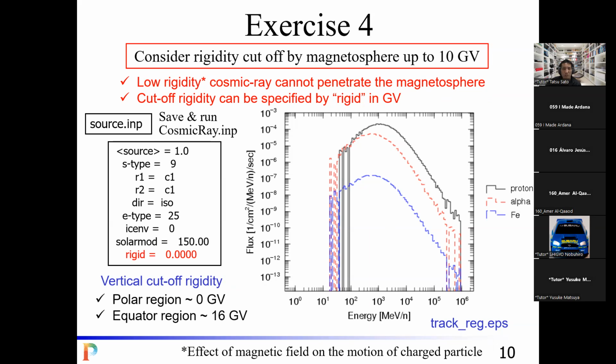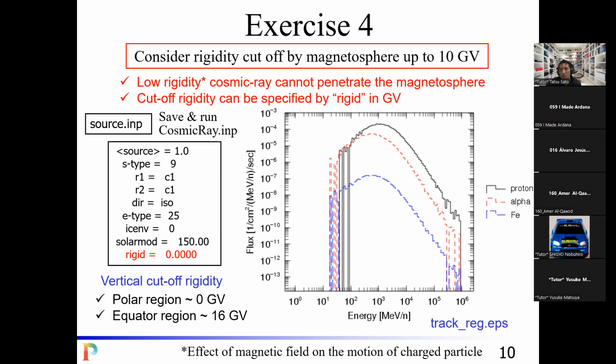Okay, so next is to consider the rigidity cutoff by the magnetosphere up to 10 gigavolt. Usually the rigidity cutoff is expressed in the unit of gigavolt.